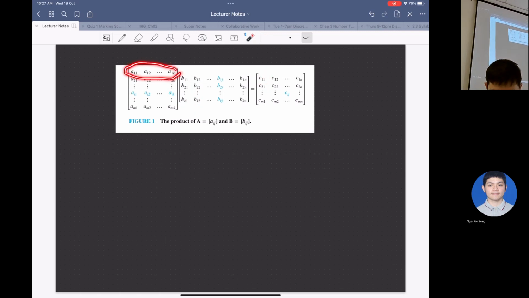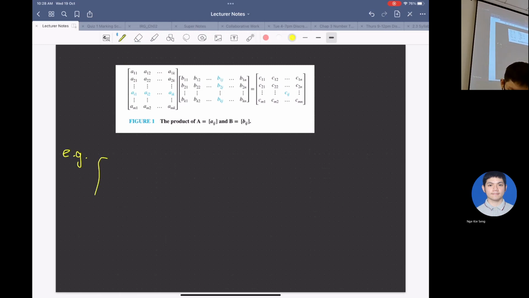If you take the first row times the second column, you get the 1 2 entry. The first row and the last column give the 1 n entry. Let me do an example so that you can remember.